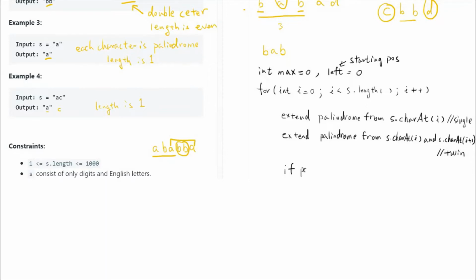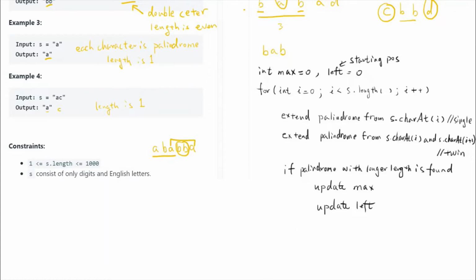If a palindrome with a longer length is found, we will update the max. We also update the left. Okay, so these are the steps in the for loop to find the palindrome with the longest length.